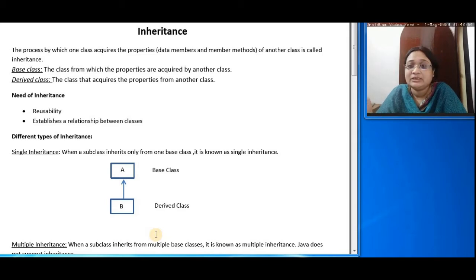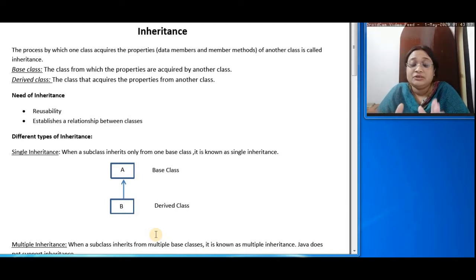For example, a child inherits the blood group from his father. Along with that, the child has its own properties, like a child can have a height that is different from his father's, so that will be his own feature. So this is what inheritance is all about.